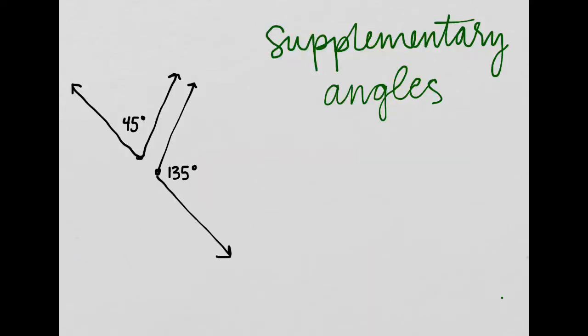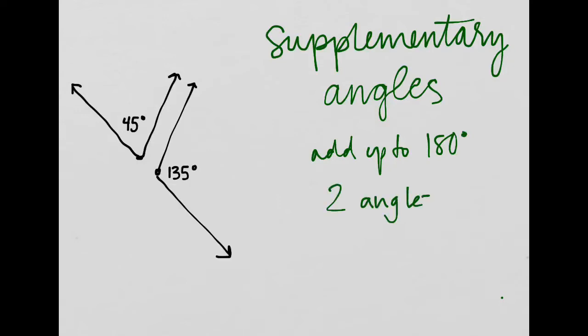Okay, supplementary angles add up to, do you remember? 180. And it's really important to know that there are 2 angles. I didn't say that before. 2 angles whose sums add up to 180 degrees.